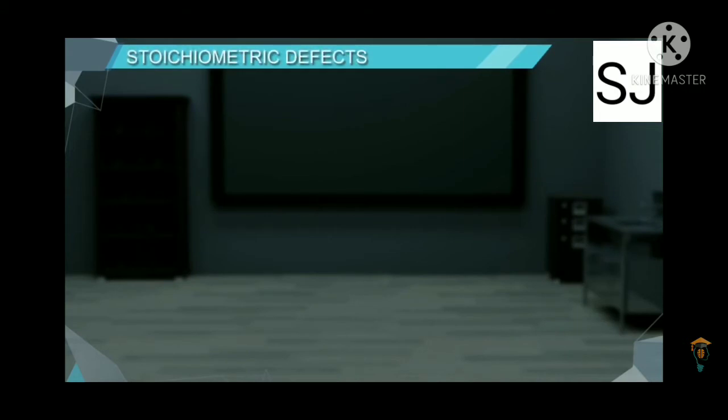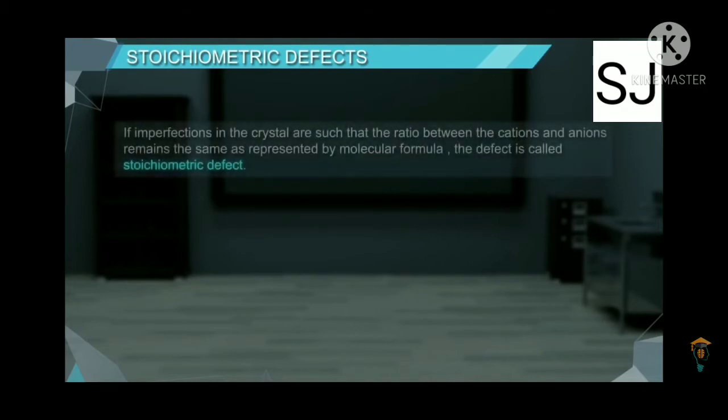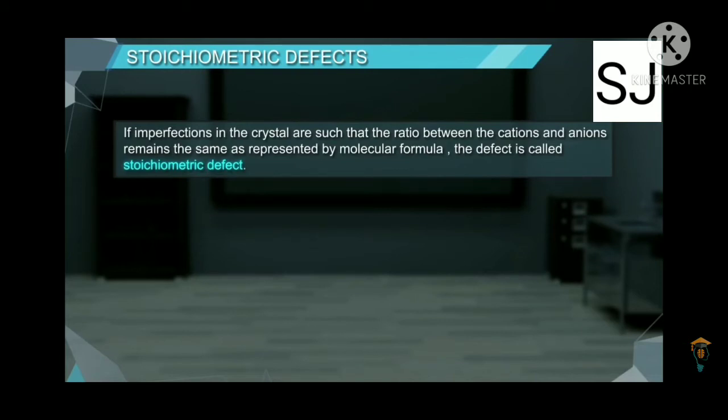Now, if we are talking about stoichiometric defects: if imperfections in the crystal are such that the ratio between the cations and anions remains the same as represented by the molecular formula of the compound, then such a defect is known as a stoichiometric defect.